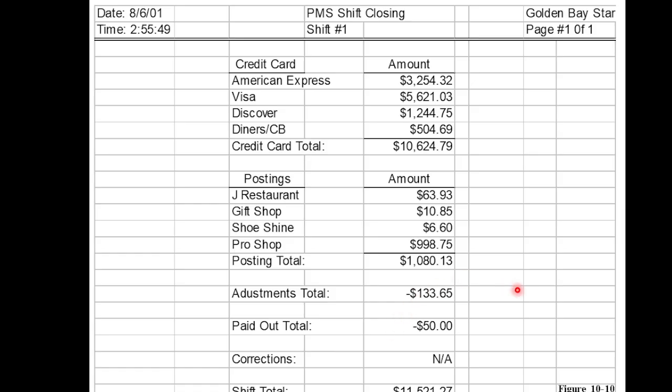So that means the income for the entire shift from 2 p.m. to 2 a.m. is only $11,521.27. So this will be passed on to the next shift, to whoever is the MOD, okay?